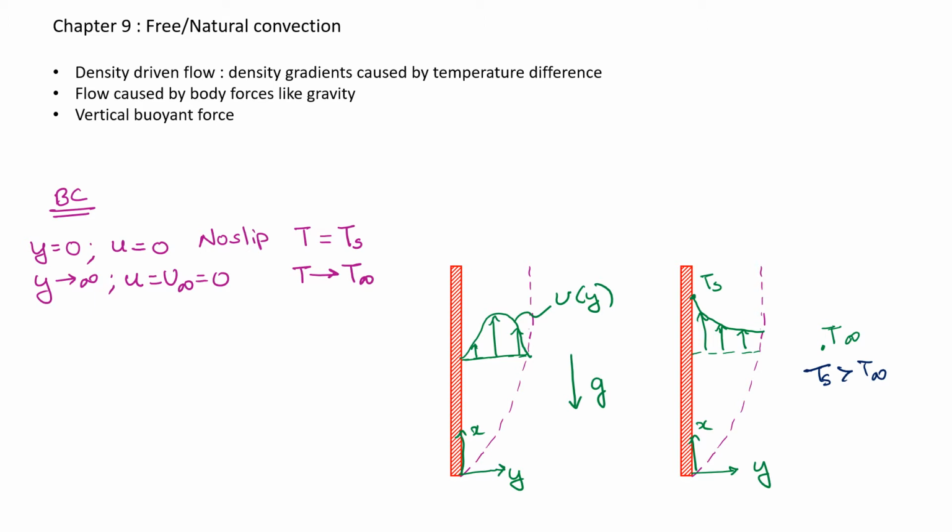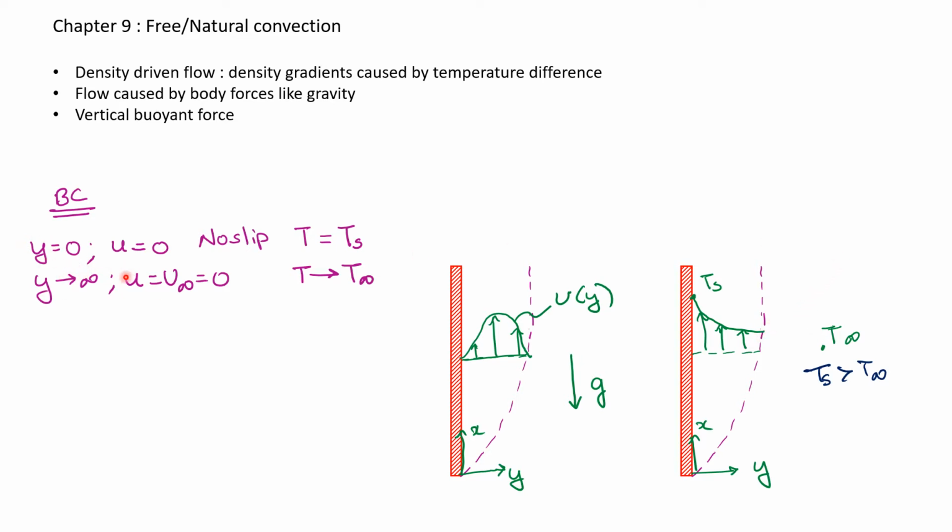You will have a boundary layer which will have an increasing flow rate inside the boundary, and gradually it will decrease and go back to zero because you don't have any free stream velocity, and your temperature distribution will still look almost the same. Your surface temperature will be at Ts, and as you move towards the boundary layer, your temperature will be almost equal to the free stream temperature.